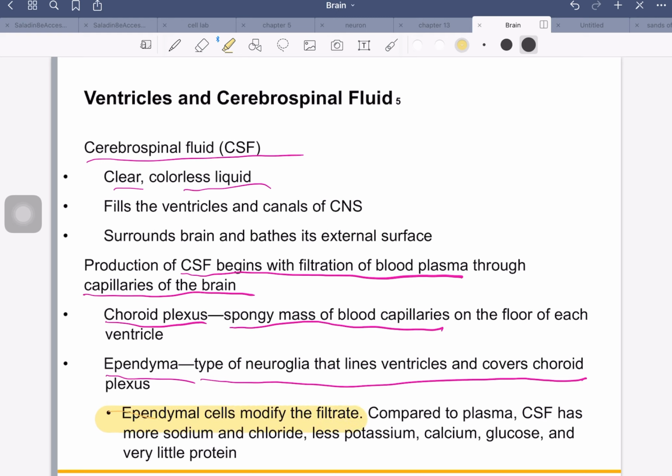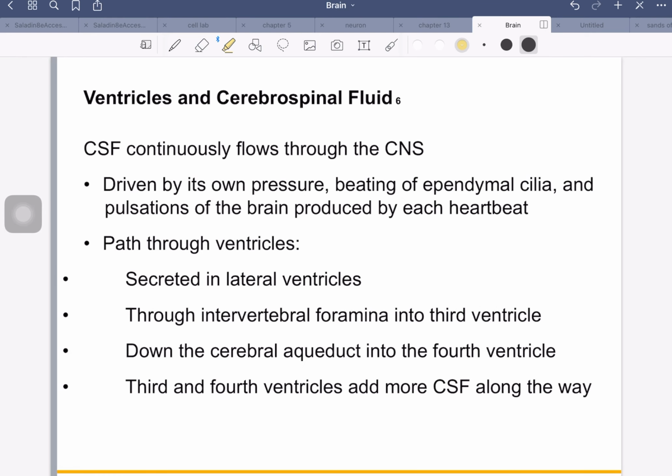So when I compare CSF and blood, I notice that they're not quite the same. CSF has more sodium and chloride, less potassium, also less glucose, and very little protein is found in there. So it's not quite the same as blood, but it is a filtrate of blood.